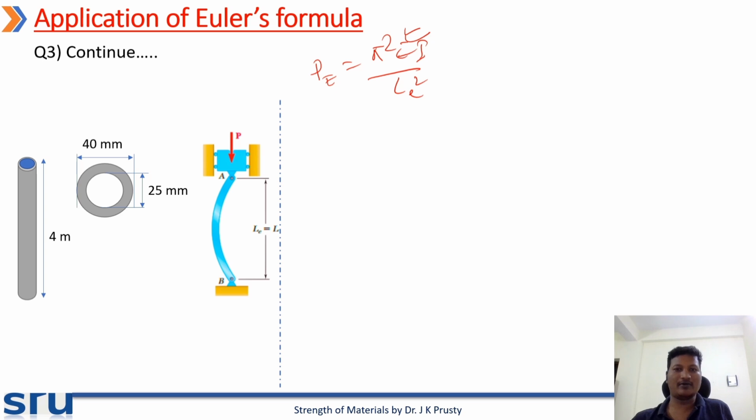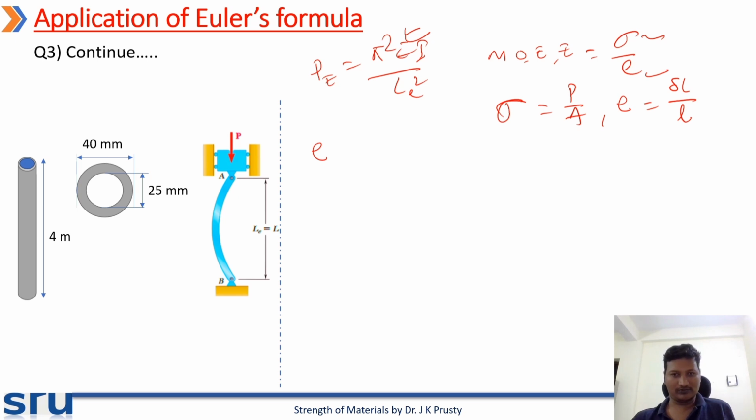Let us just find out E, modulus of elasticity. E is not given in the question, you need to find it out. For that, you know the formula E is stress by strain. To find out stress, you need to calculate area, that is load by area. To find out strain, delta L by L. The extension is given.